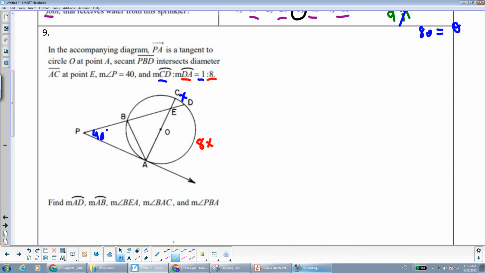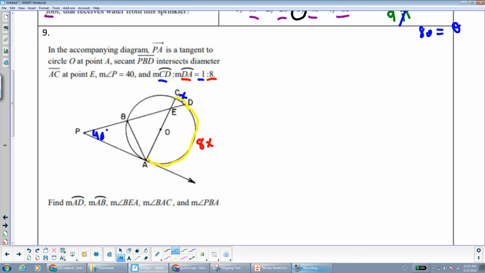So I see that, oops, let me highlight that a bit better because my highlighting's messy. I see that arc AD is almost half of the circle, but I see that the full arc ADC over here does make half of a circle.